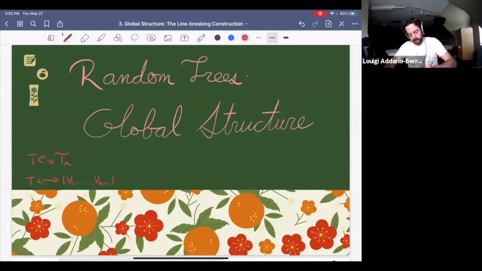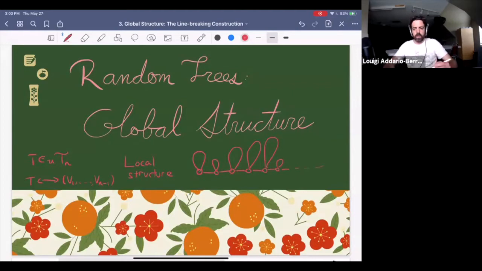And then we use that to study the local structure near the root and near a random vertex in T. And we saw that that looked like a sequence of uniformly random trees of random sizes, these Borel distributed sizes, arranged along a large or in the limit infinite backbone.